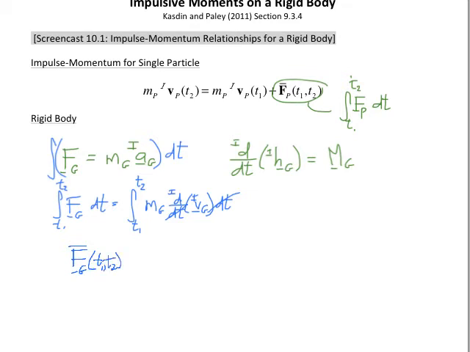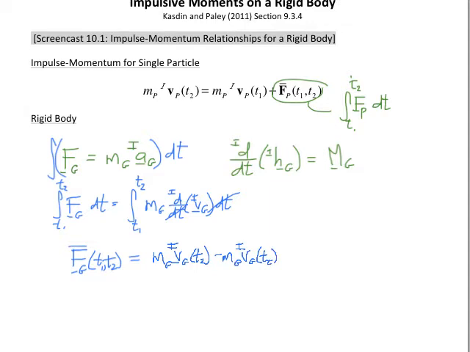So this is a familiar expression. And then when we take this integral here of m_g dv, this will give us the mass of the rigid body multiplied times the velocity of the center of mass as observed in the inertial reference frame at time 2 minus the mass of the rigid body multiplied times the velocity of the center of mass as observed in the inertial reference frame at time 1.